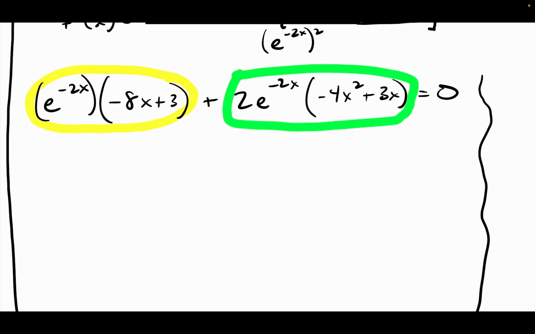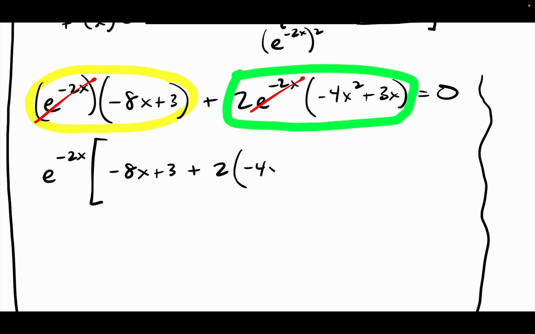Those terms have e to the negative 2x in common, so I'm going to factor that out. Okay, so I get e to the negative 2x times negative 8x plus 3 plus 2 times negative 4x squared plus 3x equals 0.